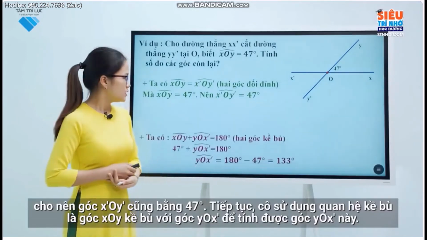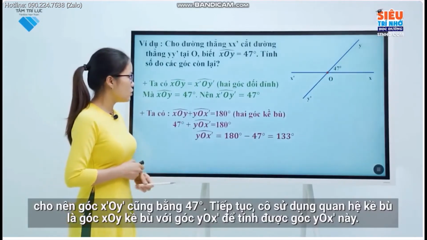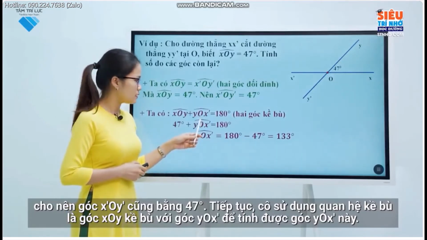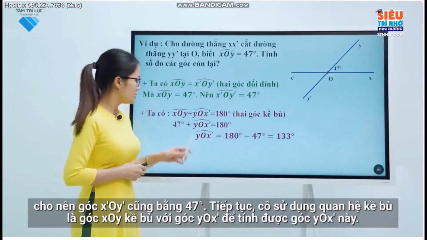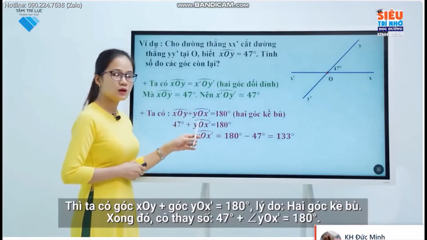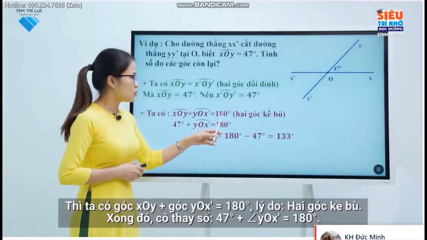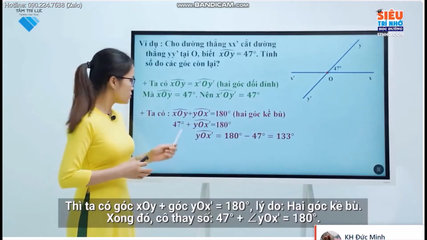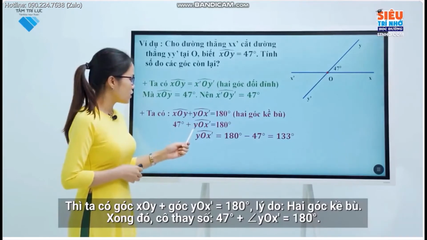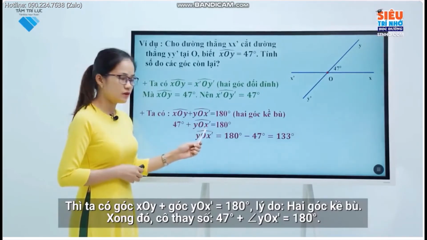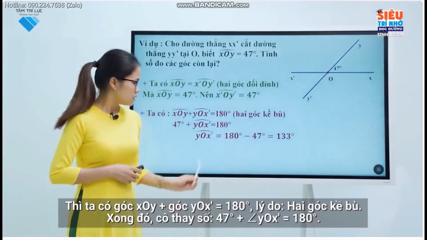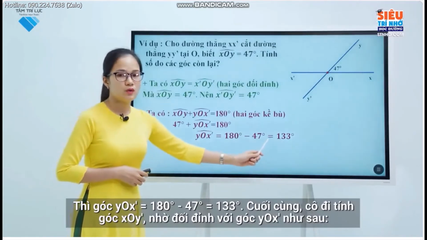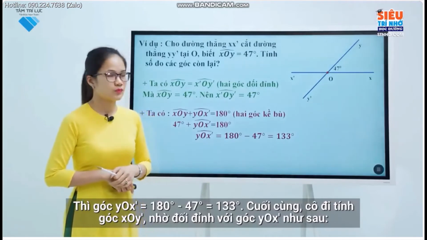Next, I can calculate angle YOX' by using the supplementary relationship between XOY and YOX'. We have XOY plus YOX' equals 180 degrees. Reason: supplementary angle. Then I replace the number 47 degrees plus angle YOX' equals 180 degrees. Then the angle YOX' is 180 minus 47 equals 133 degrees.